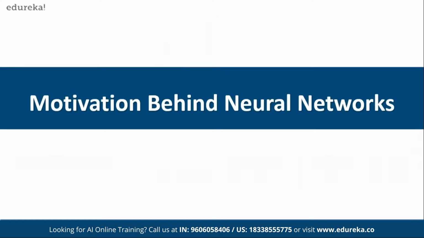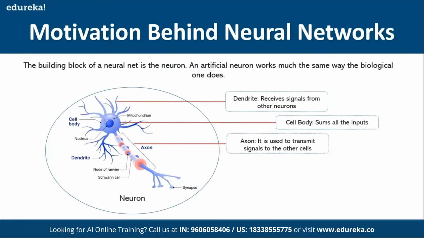The human brain consists of a cell called a neuron, and there are billions, or rather at least millions, of neurons in every human being. This was the motivation to create an artificial neural network, and the biological diagram of a neuron is something like this. It has a dendrite, which is the area that receives the signal from other neurons.